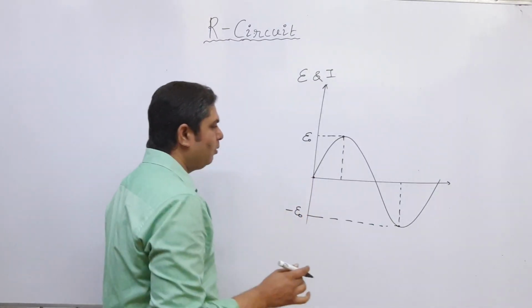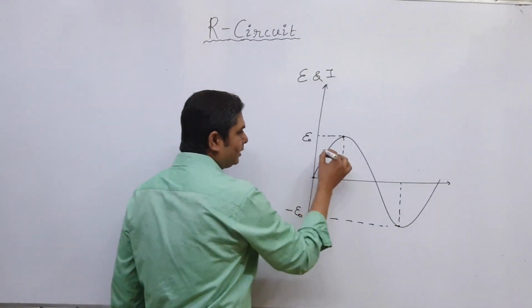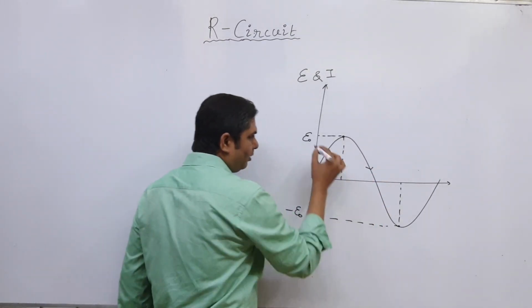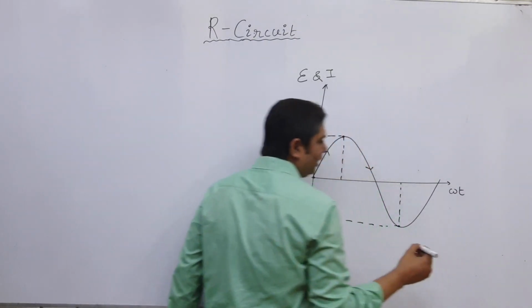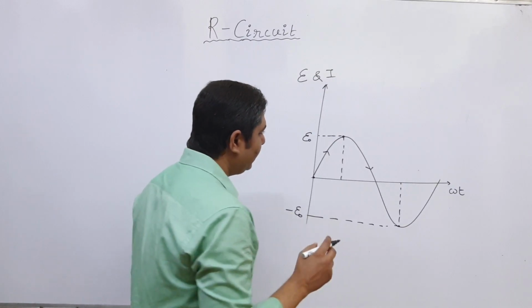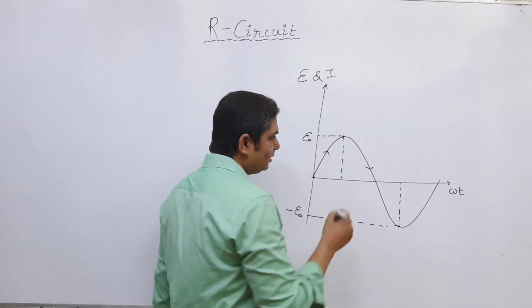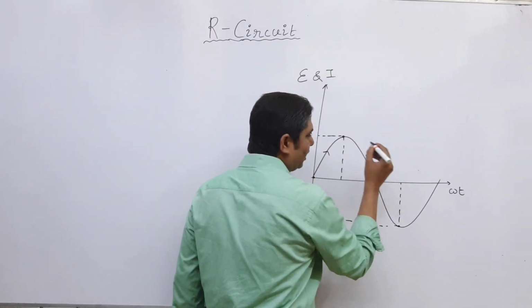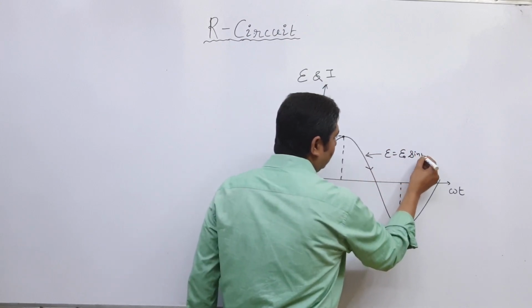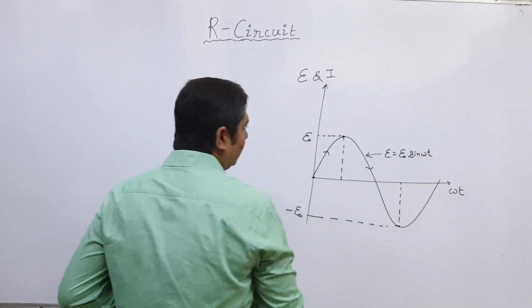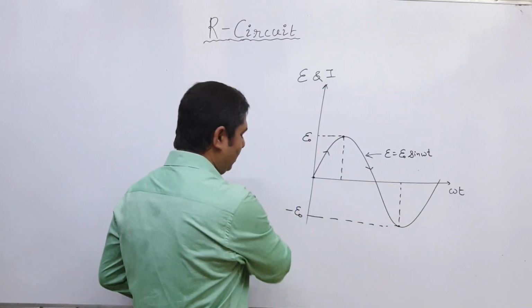This graph is versus omega t, and the equation of the graph is E equals E naught sin omega t.